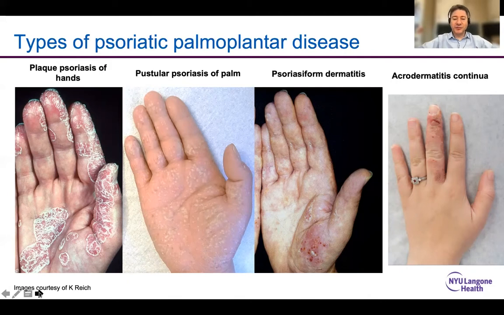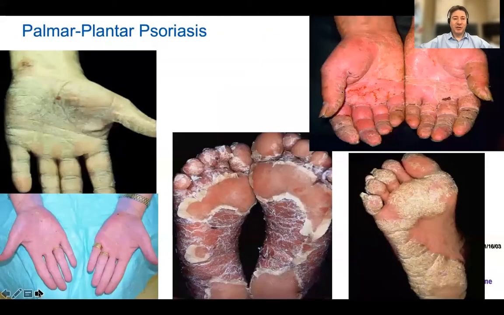There's psoriasiform dermatitis. When you biopsy this, it comes back psoriasiform spongiotic dermatitis with elements of both psoriasis and eczema. And then there's the very unusual psoriasis-like eruption that involves one finger, also known as acrodermatitis continua of Hallopeau.